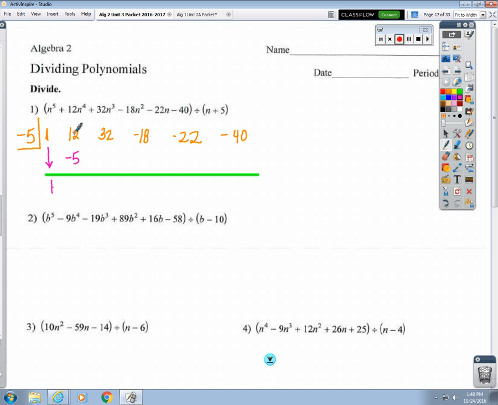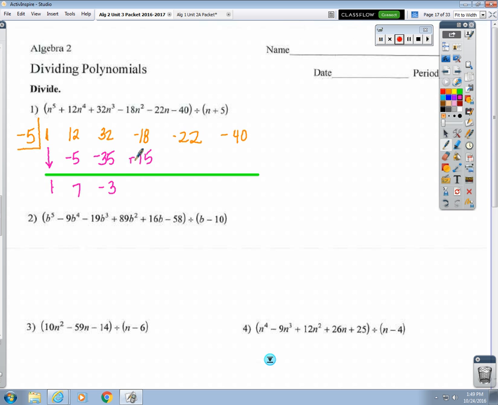Now you just combine. What is 12 minus 5? 7. Now you multiply it by the box number, and that gives you negative 35, because 7 times negative 5 is negative 35. What is 32 minus 35? Negative 3. Then you multiply it by the box number, and it gives you positive 15.